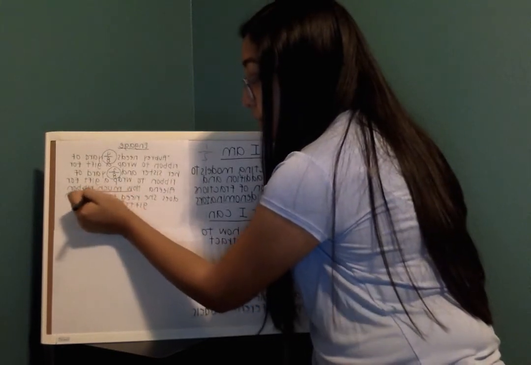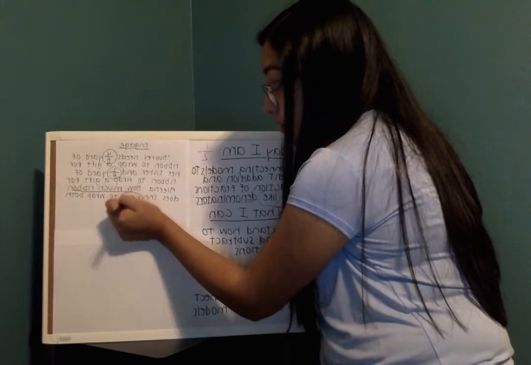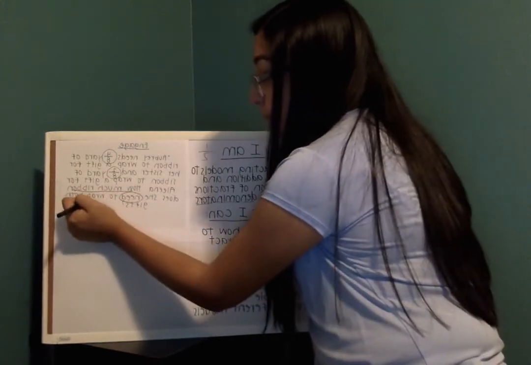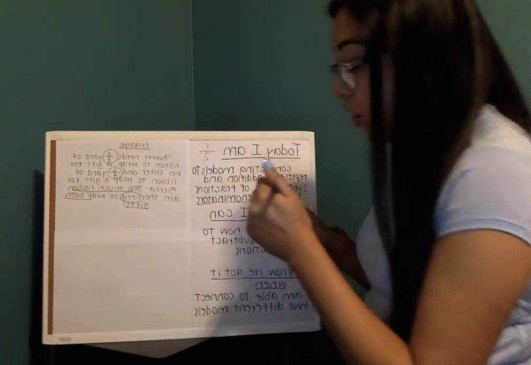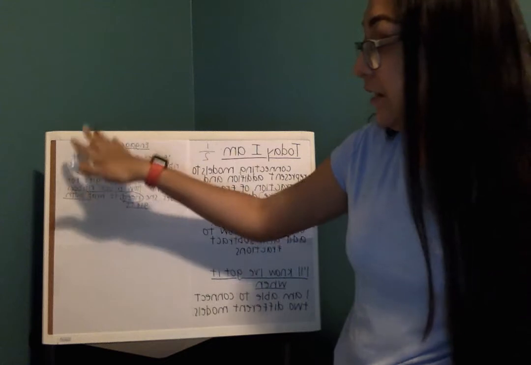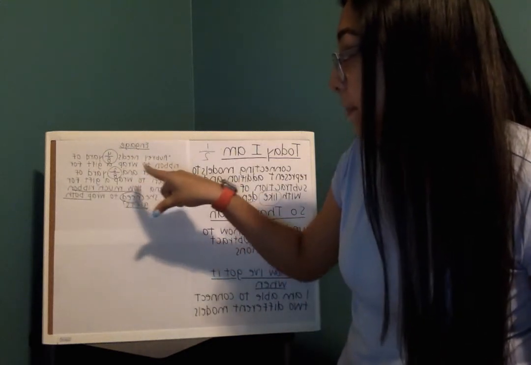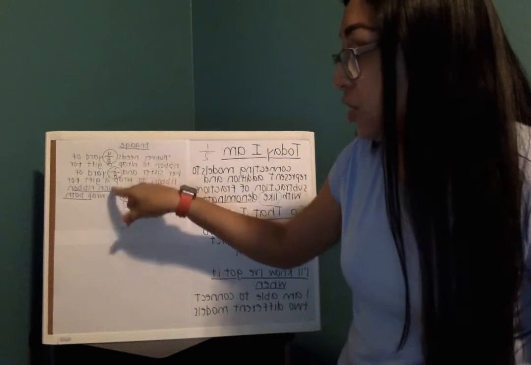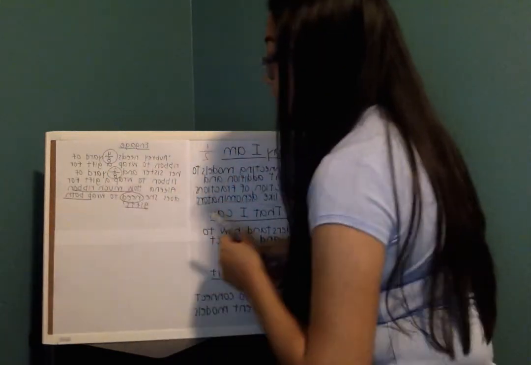How much ribbon does she need to wrap both gifts? So she needs this, and she also needs this. So she needs both of these fractions. So let's go ahead and write those down.